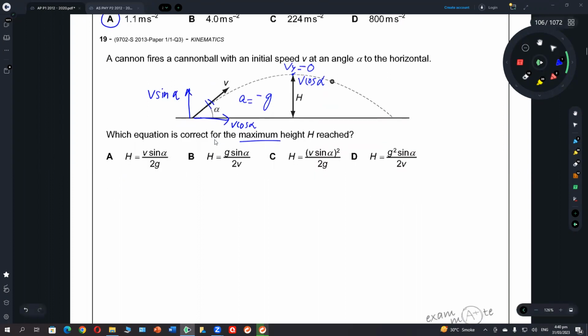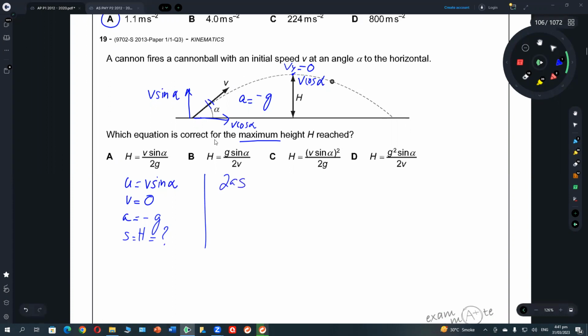So I give this. Now you have to make the data. u is equal to v sin alpha. v is equal to 0. a is equal to minus g. s is equal to h is equal to question mark. Why am I not considering cos alpha? Can you tell me why cos alpha is not considered?